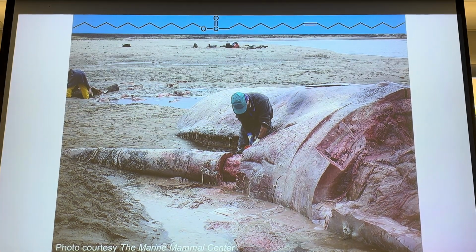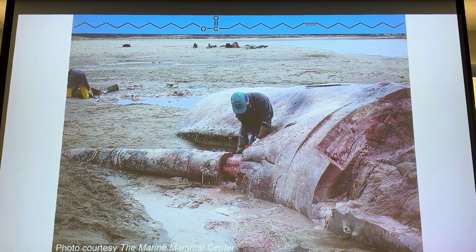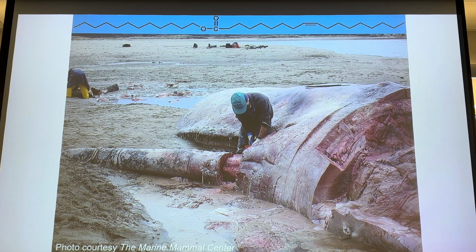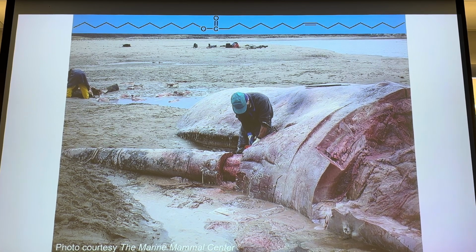In the whaling days, that was one of the most valuable parts of the whale, because it turns out that it is highly valuable both in terms of its lubrication properties, to use as an industrial lubricant, and also in oil lamps, whale oil lamps. It burned really bright and clear, with not a lot of smoke, so it was a good quality fuel.